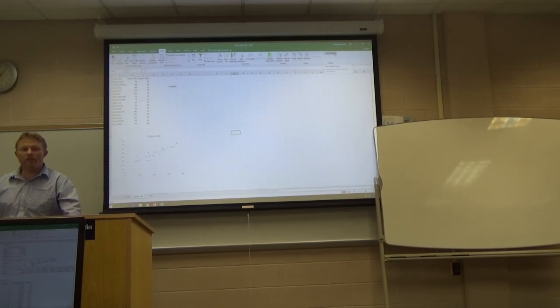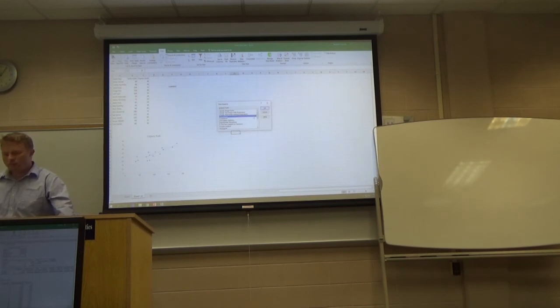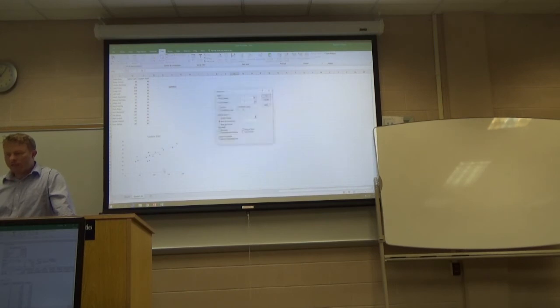I don't have to reload this, do I? It's already on here, remember that. Please don't reload it every time. So let's go to data analysis and then what? You're going to go to regression. Double click that. Now what's my X range, what's my Y range? Y is your dependent. Which one's dependent on the other?